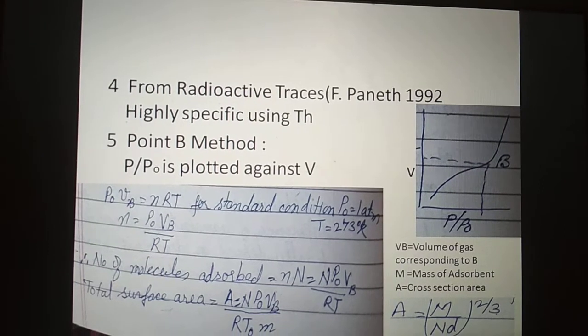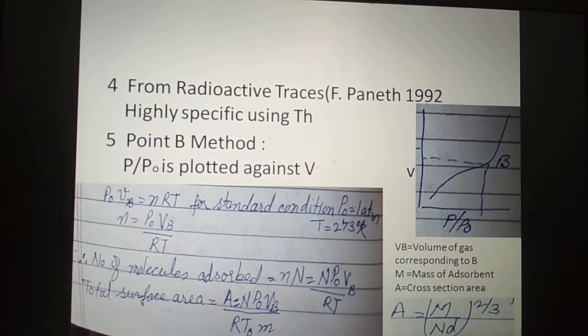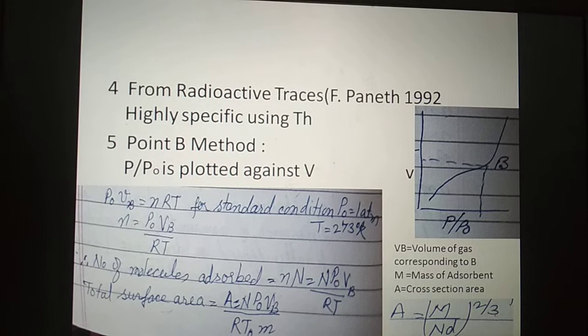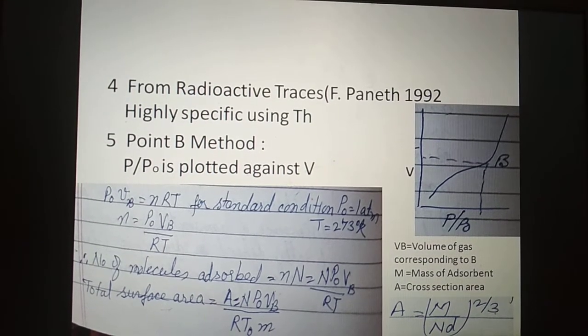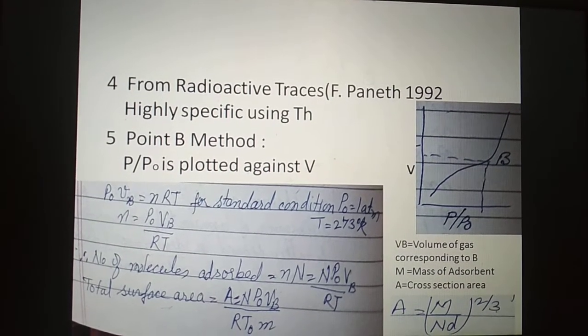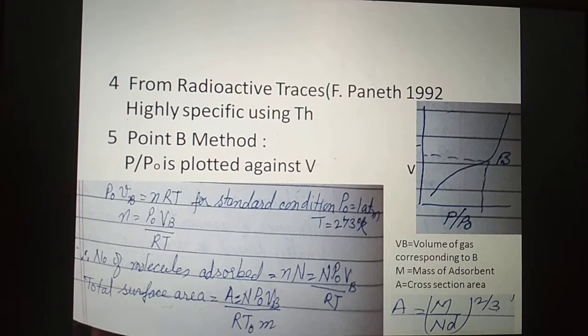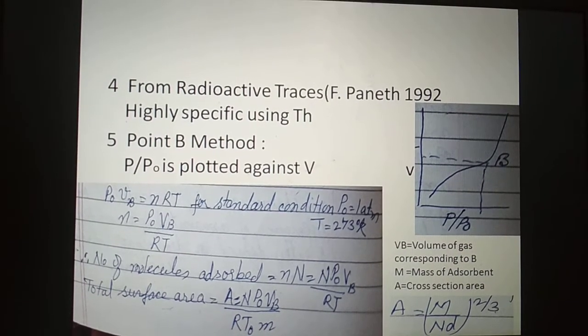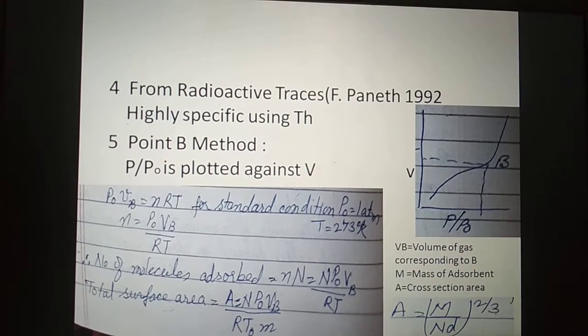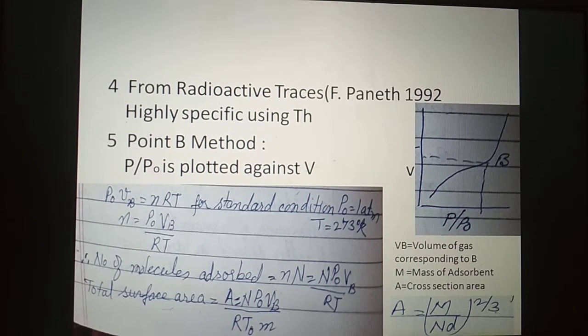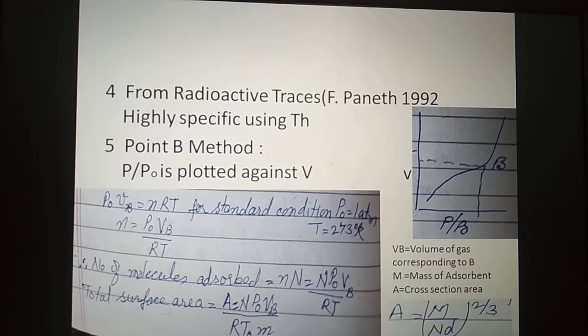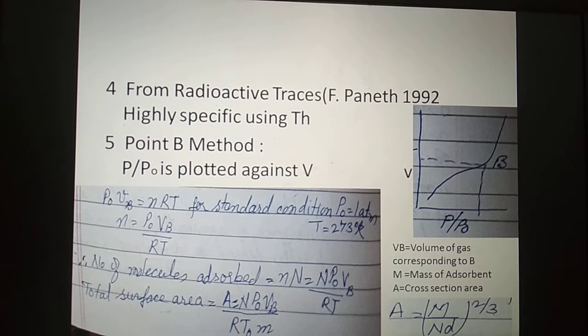Method applied to all types of solid and gas adsorbate. The A for nitrogen is A is equal to M upon N D to the power 2 by 3, where D is the density of nitrogen at 78 degree Kelvin.